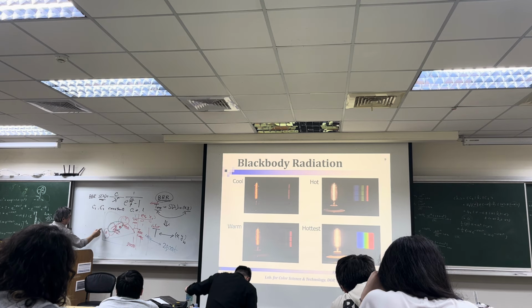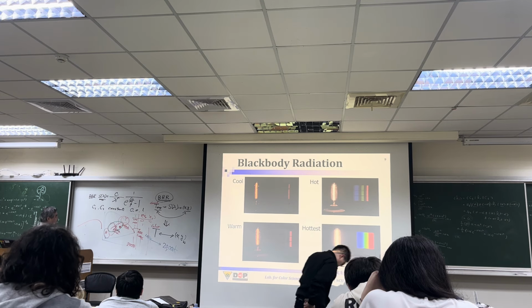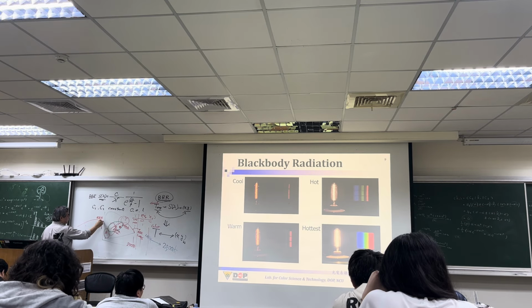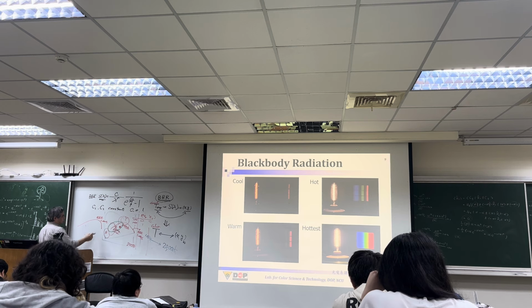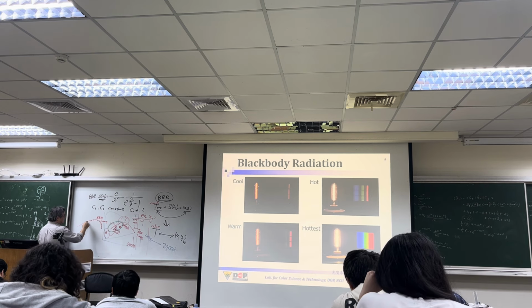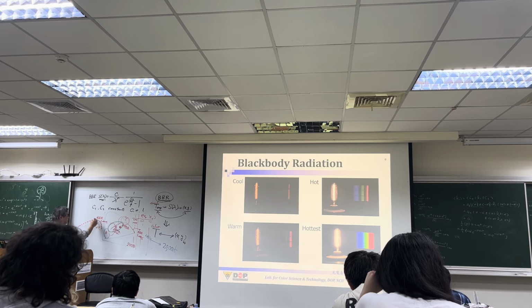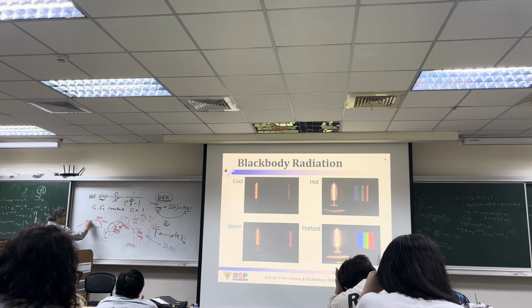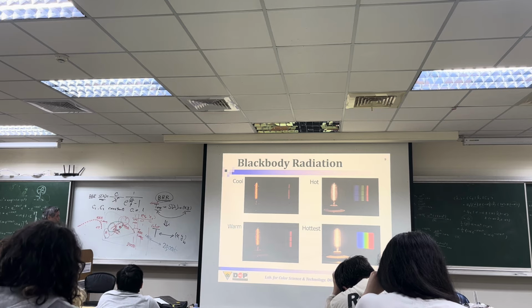Let's say we have a baseline, the black body radiation locus here. There is a scale on it, the thermal color temperature, as a scale on the curve.